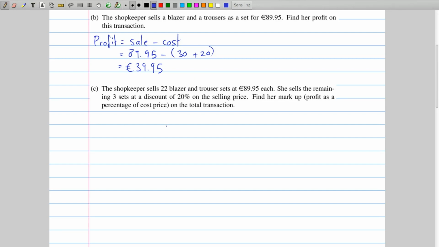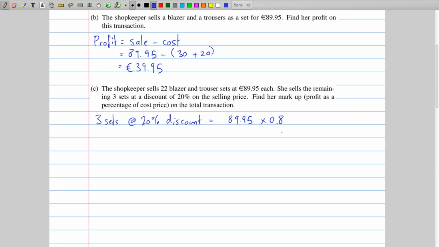So let's work out what the final price of the set is once the discount is applied first. So there are 3 sets sold at a 20% discount, and so the price of those is the $89.95 minus 20% of that, or a quicker way to work that out is $89.95 multiplied by 0.8.